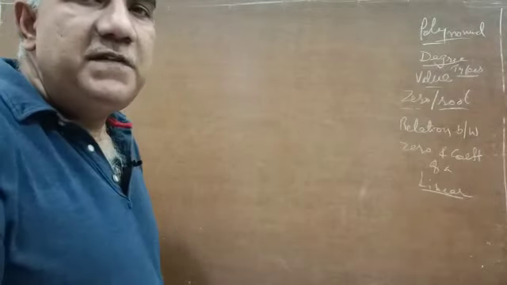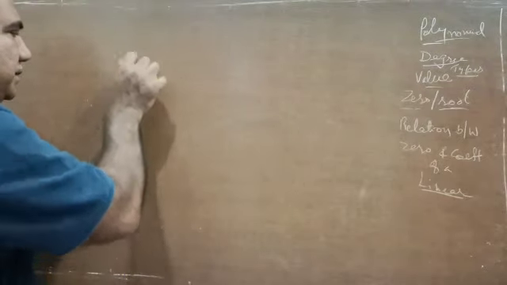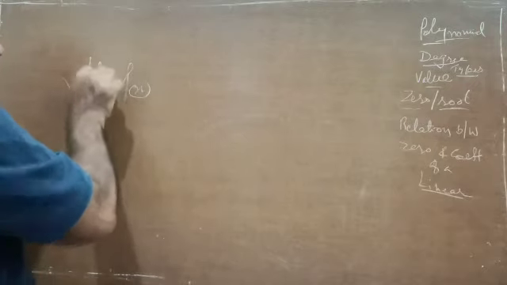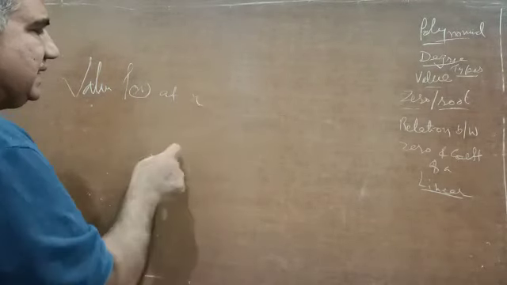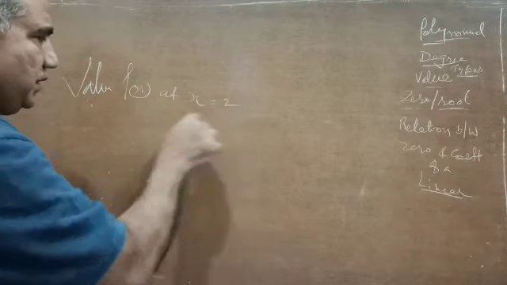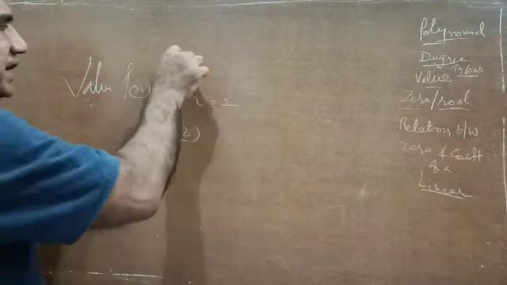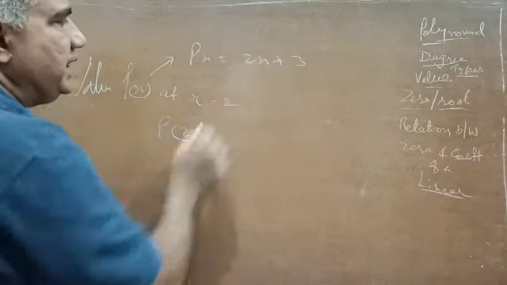Now we will see what the value of a polynomial is. The value of polynomial p(x) at x equal to 2 is p(2). Let us say here p(x) is 2x plus 3.